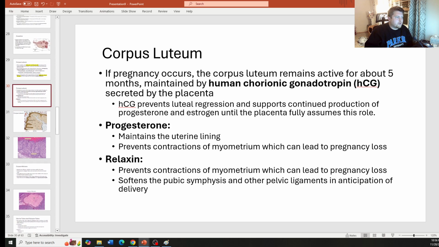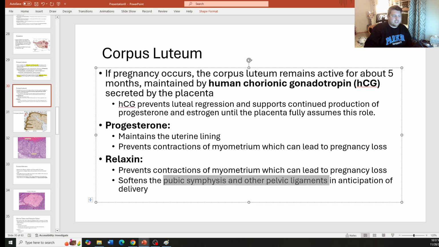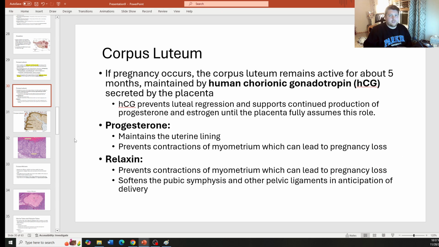And the progesterone maintains the uterine lining, and then we'll also start to release a hormone called relaxin. This is to prepare the body for childbirth. The closer we get to the end stages of pregnancy, the more relaxin our body produces. It's designed to soften the pubic symphysis as well as the other pelvic ligaments to allow the pelvis to expand and open to allow for childbirth.